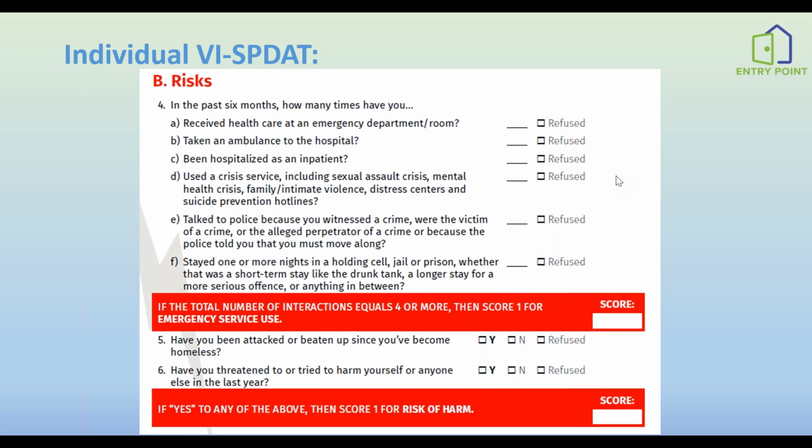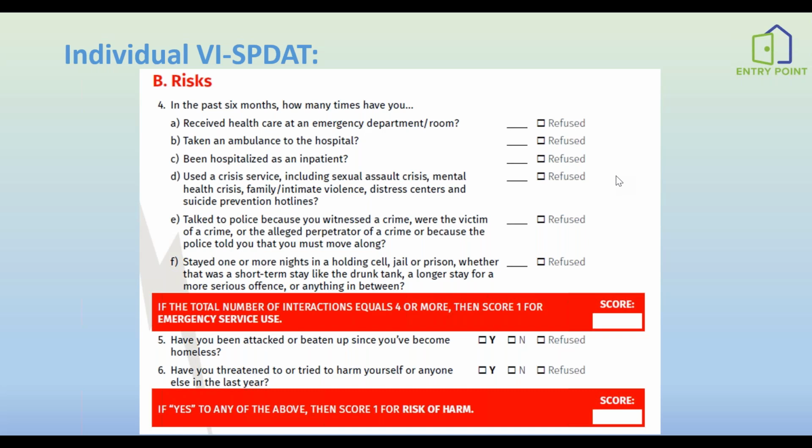So if I went with my buddy to the emergency room because they were sick, if I rode in an ambulance with my mom because she was having a stroke, that just makes me a good buddy or a good kid, a good supportive companion, but I don't get credit on my own VI SPDAT for having been at the emergency department or ridden in an ambulance with someone else who is the primary patient.